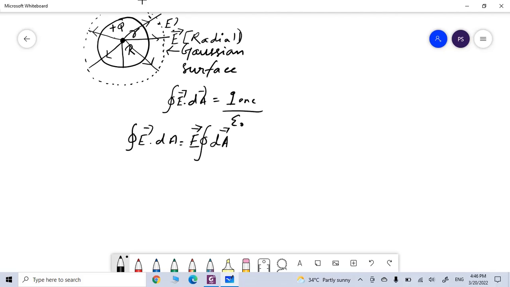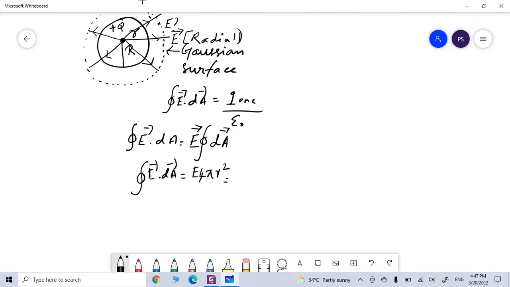Now what is dA? dA is nothing but the surface area of the sphere, so this is very simple for us to evaluate. The left hand side has been evaluated to E times 4 pi r squared.